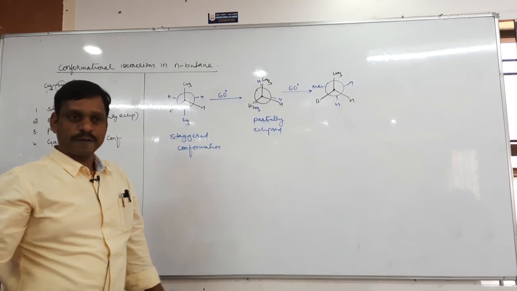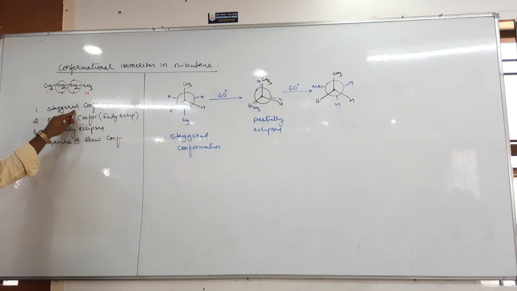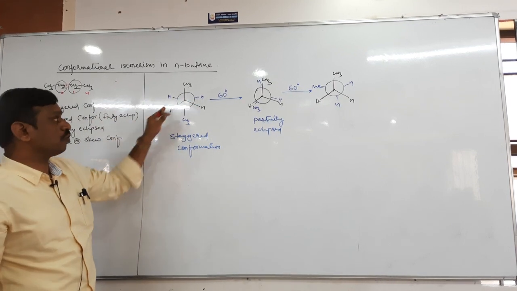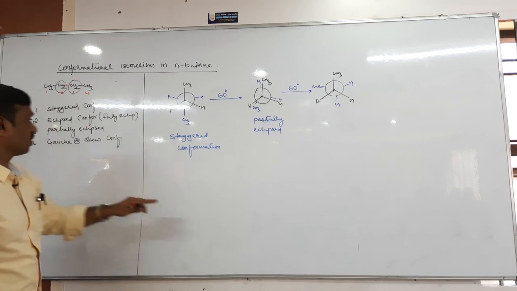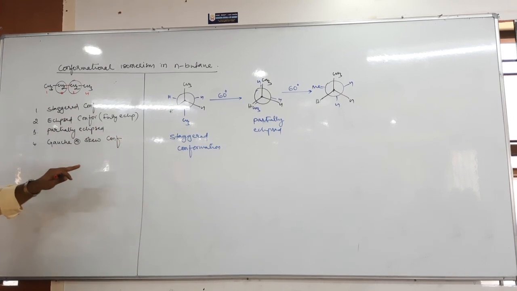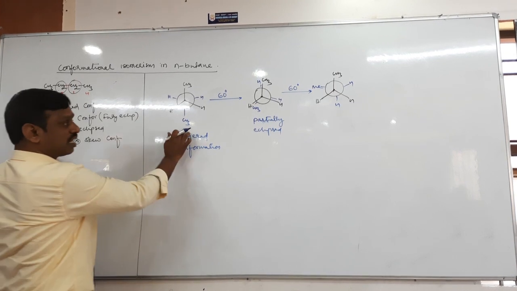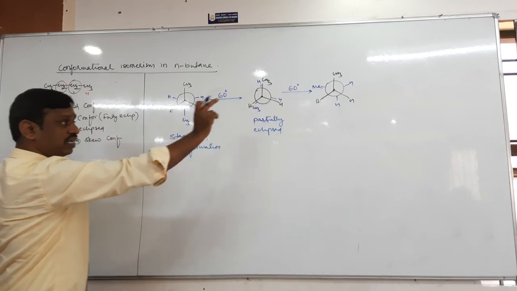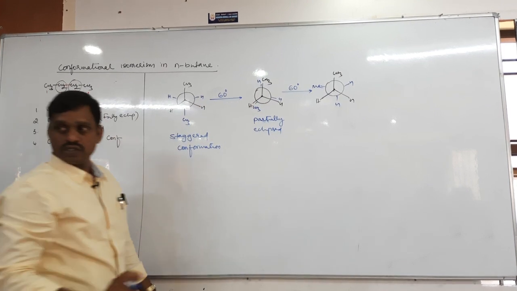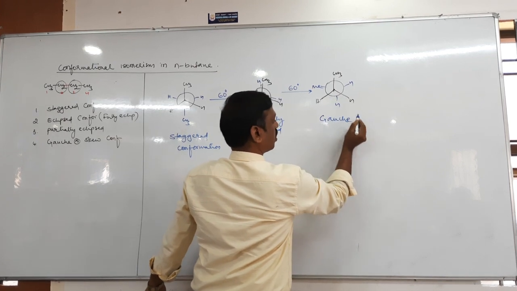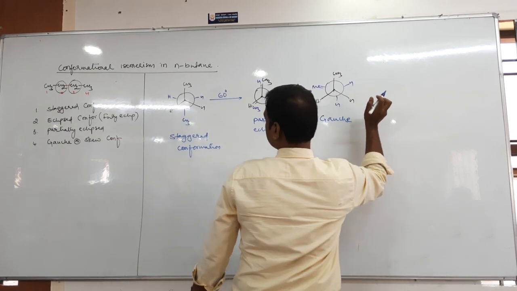Which conformation is it? It is not staggered, where the two methyls are opposite and all hydrogens are opposite. It is not fully eclipsed or partially eclipsed. It lies in between staggered and eclipsed, so it is skew, also called gauche.